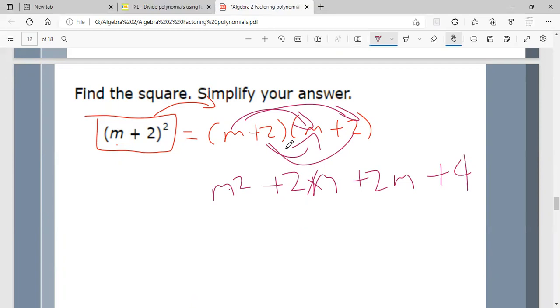Again, 2 to the power of 2 is 4. So you got to keep those things in mind, all right? So combine those, you get m squared plus 4m plus 4. And that's how it looks when you're dealing with it on the plus side. All right? And this is finding the square. So we call this the sum of squares.